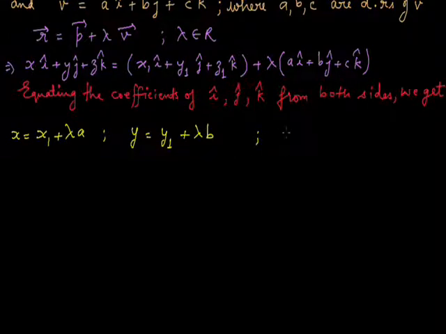The coefficient of k cap is z, and z1 plus lambda times c.